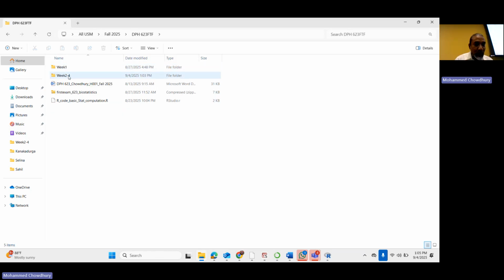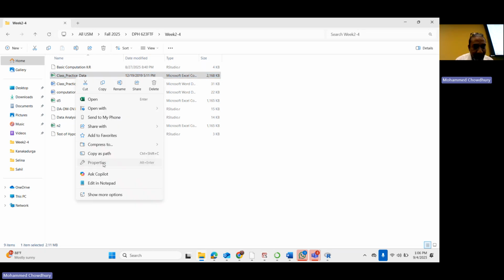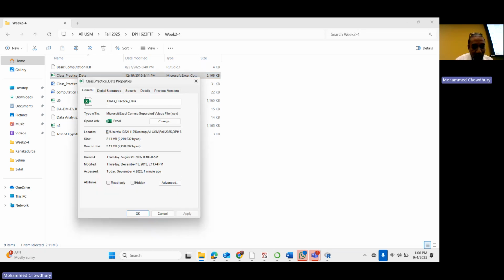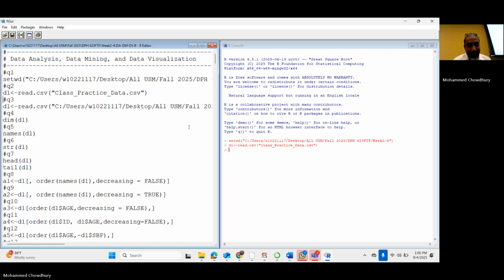In this case, week 2 to 4, all things have been saved in there. So I go there, take the directory this way, properties, and then copy this and paste it in this line. Okay, now it has become my working directory.